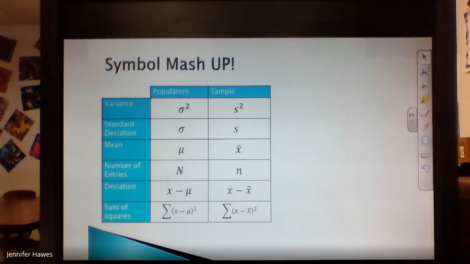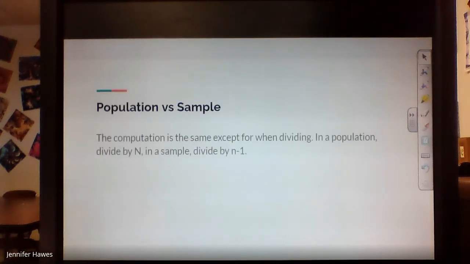That's just the mean of the population, where the X with the hat over it is the sample mean. I'm not sure why that all has to be different, because it's the same thing, except your population's going to be huge. So like I said, the computation is the same, except in a population you divide by the number and not n minus 1.